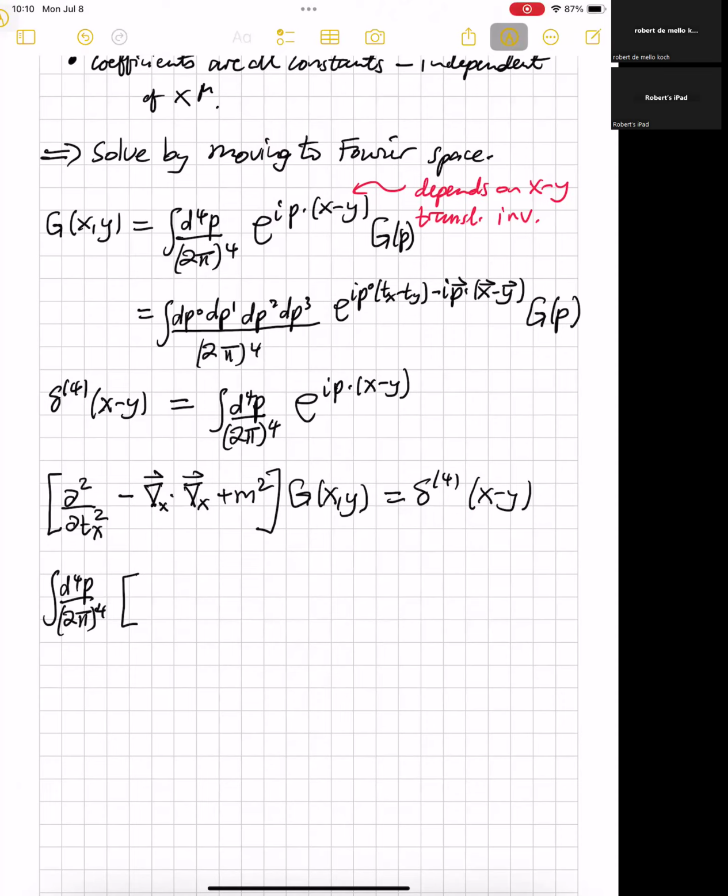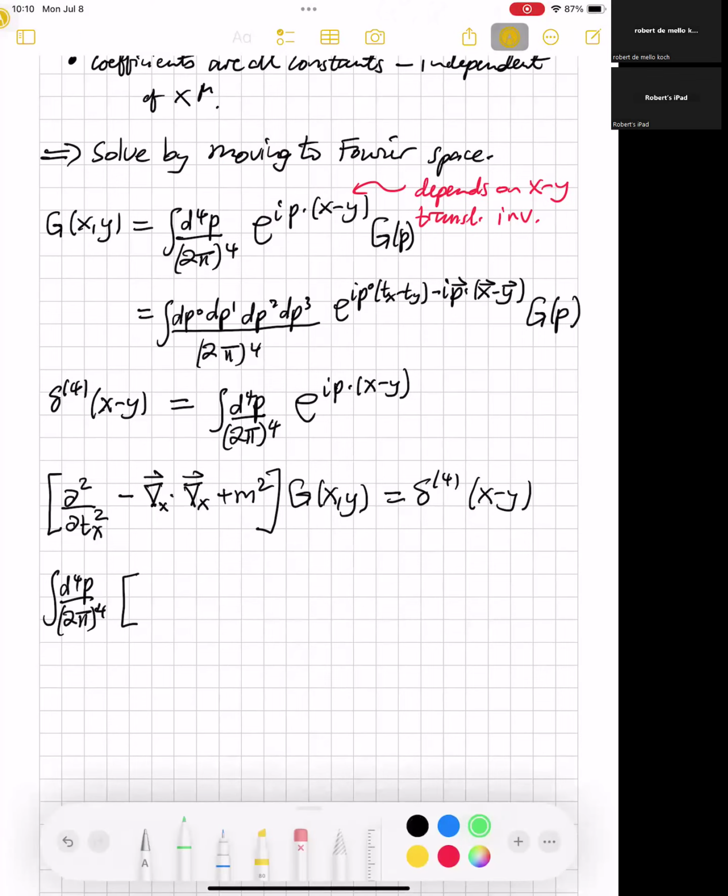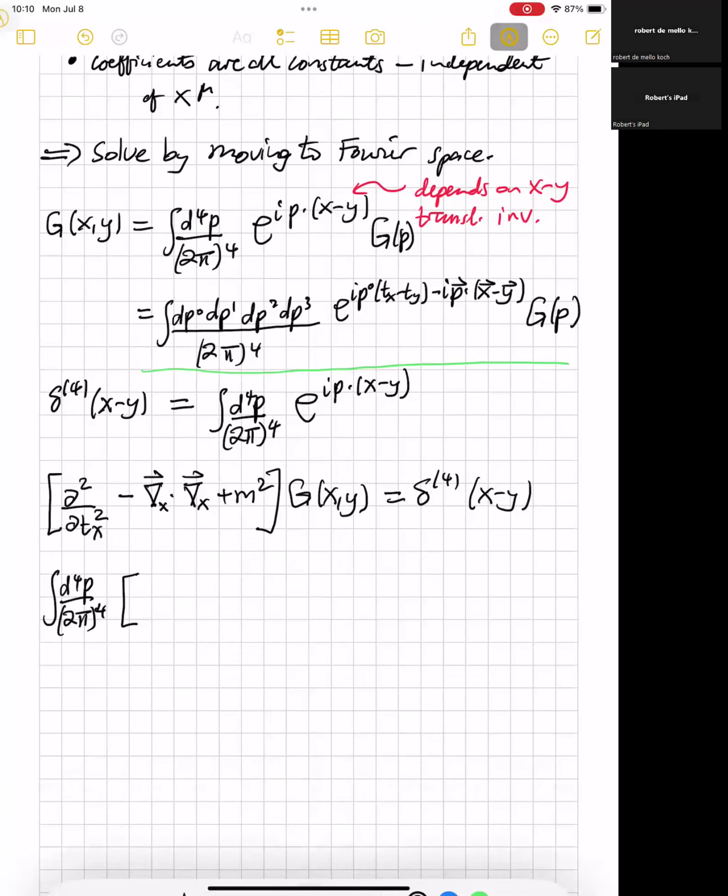Take a look at the piece that I've just underlined in green. If I differentiate that with respect to tx, what do I do? I bring down an ip0. So the d2 by dtx2 will become ip0 squared.